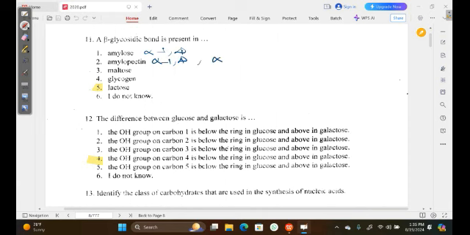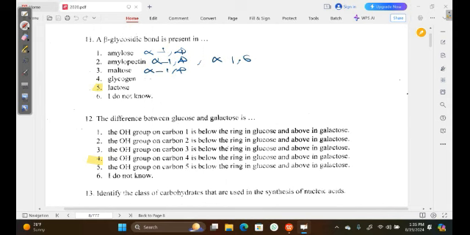Maltose contains two repeating units of glucose, and the type of glycosidic bond formed is alpha 1,4. Glycogen is branched as well, and in terms of the branching we have similar bonding as amylopectin, which is why glycogen is mostly compared to amylopectin.